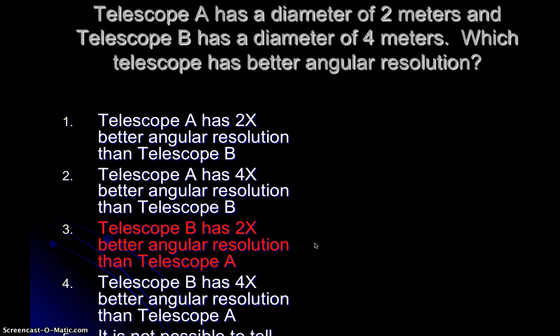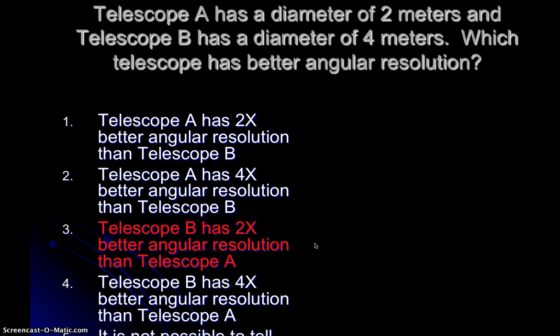So I think I made a mistake here by highlighting the wrong slide, but let's just look at it anyway. Telescope A has a diameter of 2 meters and telescope B has a diameter of 4 meters. Which telescope has better angular resolution? Now, at first we might get a little confused because we know the resolution should be small, but remember, bigger is better is always going to apply to telescopes. So telescope B is definitely going to be better.